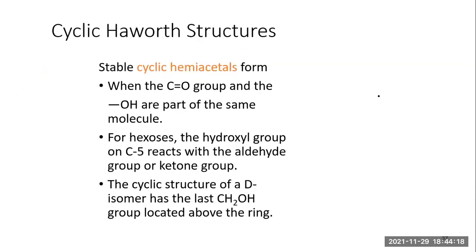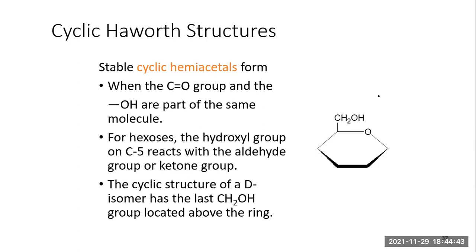As we've been talking about, we do form these sort of ring structures. They actually form what are referred to as cyclic hemiacetals. Remember, hemiacetals are when we have a carbon that has an OH group attached, an oxygen carbon group, and a hydrogen attached. The OH is part of the same molecule for hexoses.